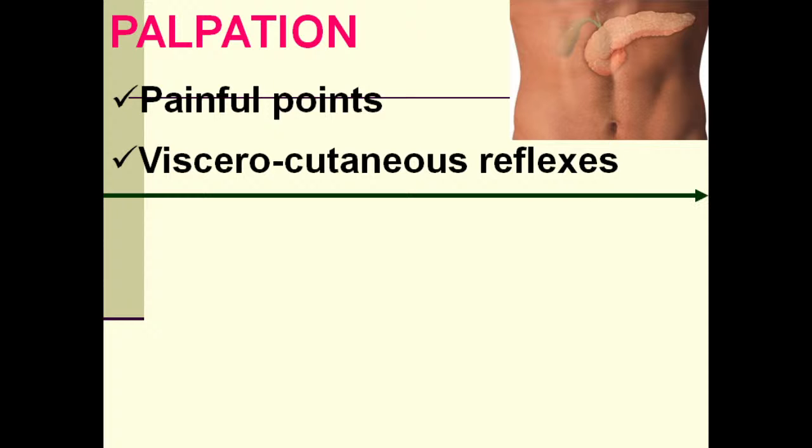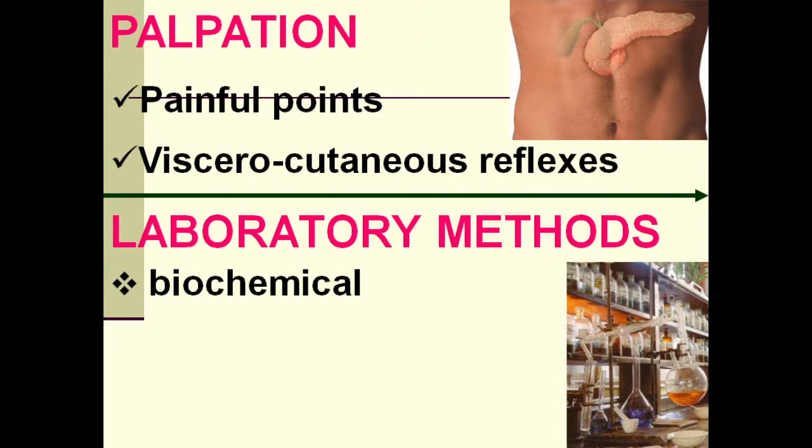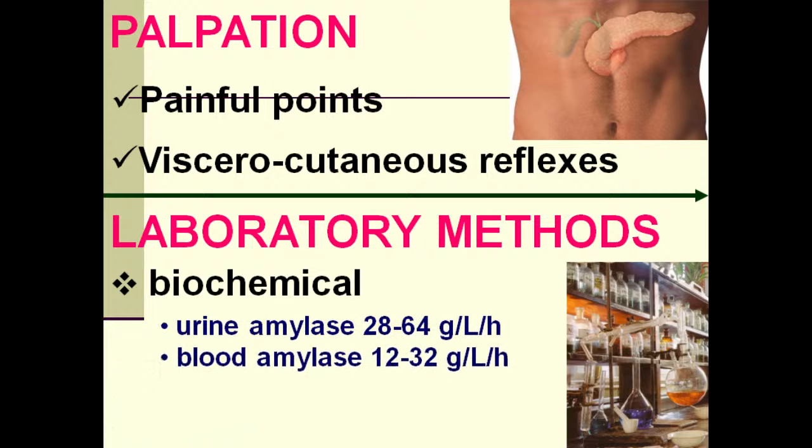We'll send our patient for additional examination, and a widely used laboratory method is biochemical examination of blood and urine to reveal the level of amylase. Blood amylase increases in a patient with exacerbation of chronic pancreatitis, a patient with acute pancreatitis, or with new growth.